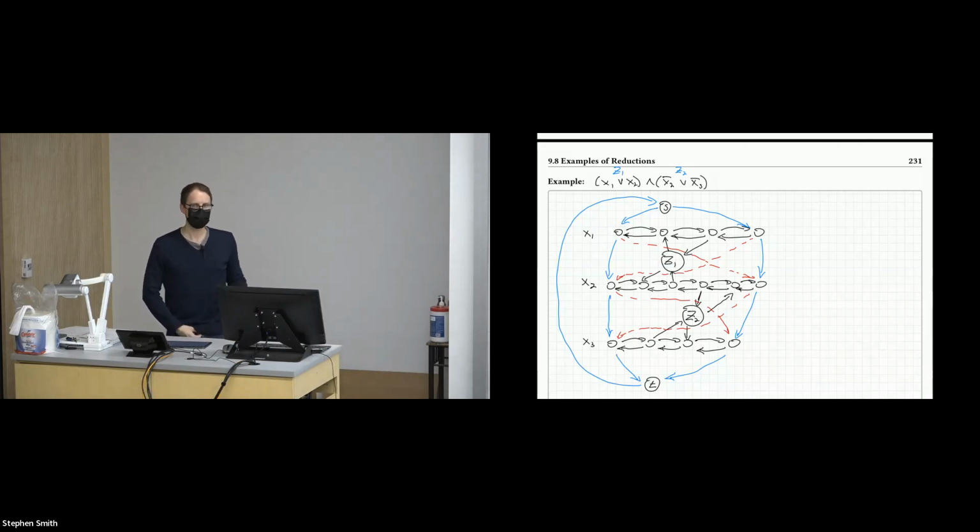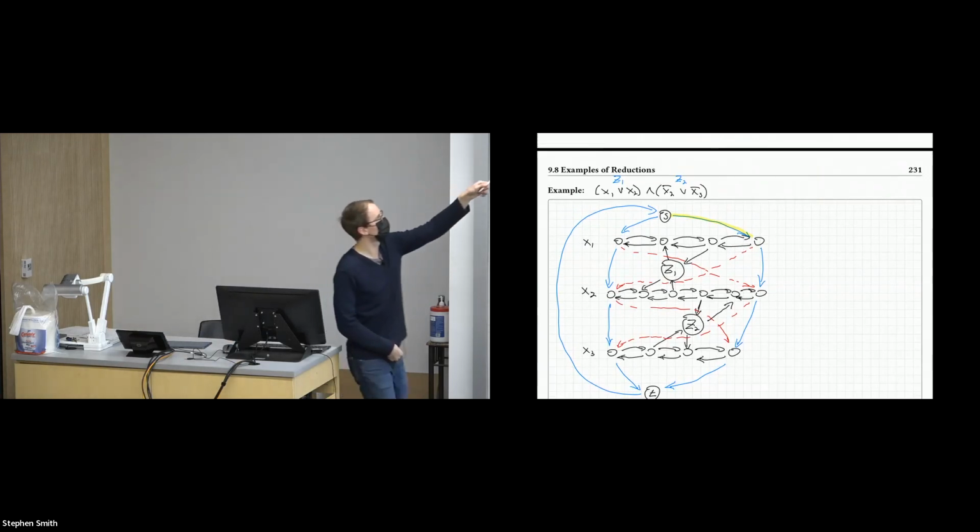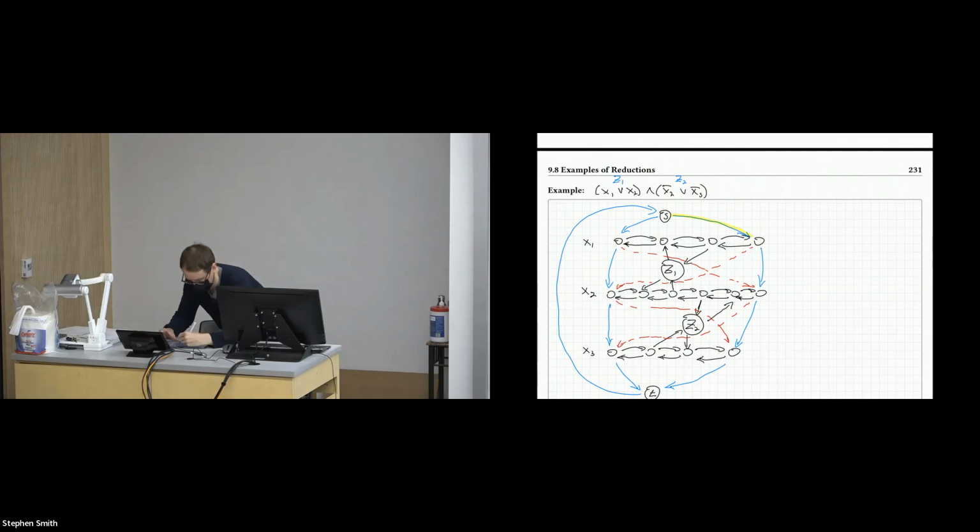And now in this mess, I compute a directed Hamiltonian cycle. I think one option is that I go this way. I am going to traverse X1 in the true direction, because in doing that, I'm going to set Z1 to true. So I go along here, then I go down, back up, and across.